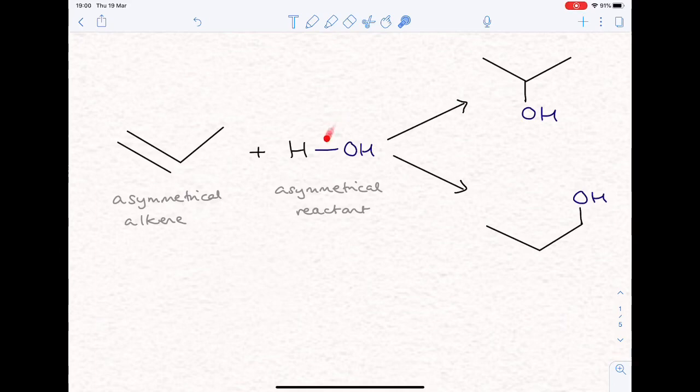You can have the OH part of the water go on to this middle carbon, carbon 2, to form this alcohol, or you can have the OH group go on to the other carbon, and we get the OH group on the first carbon, and these are structural isomers of each other. So whenever we have an asymmetrical alkene with an asymmetrical reactant, we can get two different possible products, and we can show this in the mechanism.